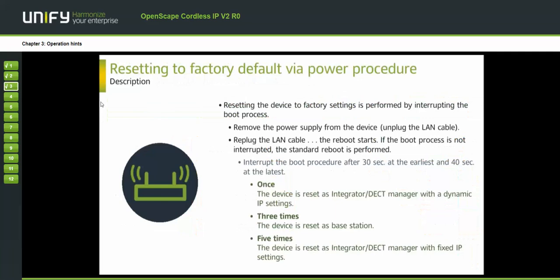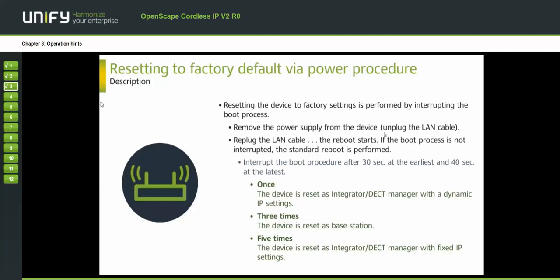However, you have the possibility to interrupt the boot procedure after 30 seconds at the earliest, and 40 seconds at the latest, so between 30 and 40 seconds. You do this once, 3 times, or 5 times, and this has different meanings. If you interrupt the reboot process once, then the device is reset as integrator or DECT manager with dynamic IP settings.